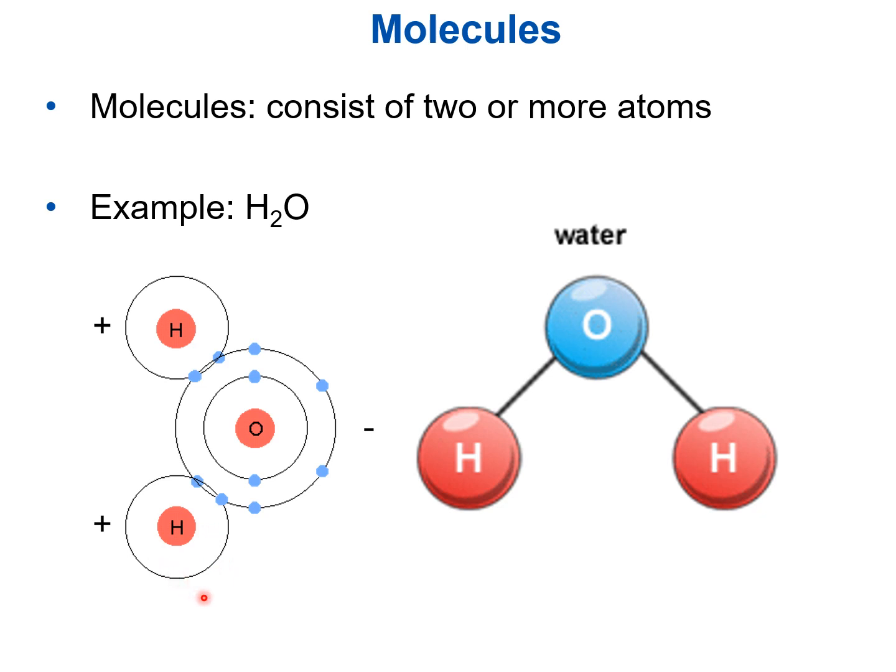And notice that they share electrons. Between these two down here and these two up there, it's hard to tell which electrons belong to the hydrogen and which belong to the oxygen, because they're sharing them. And it's the sharing of the electrons that bonds them together. So we have an H2O molecule, or a molecule of water.